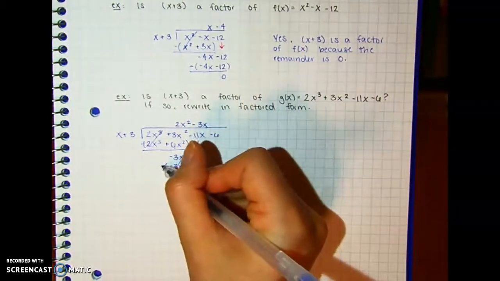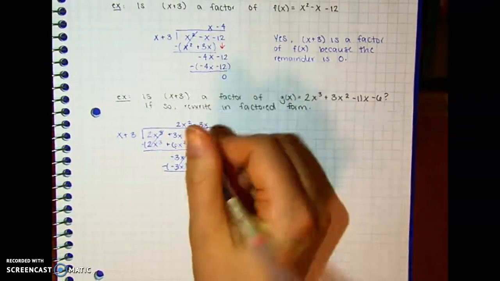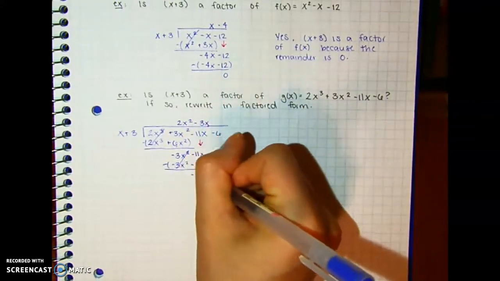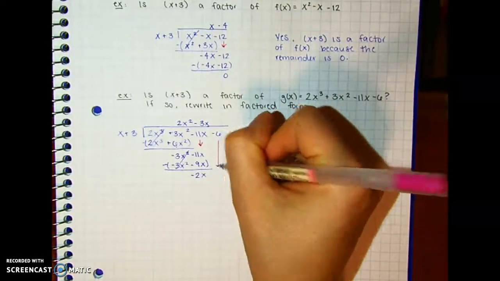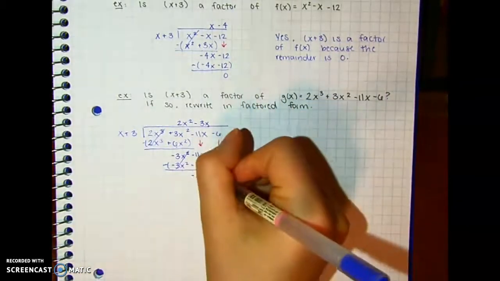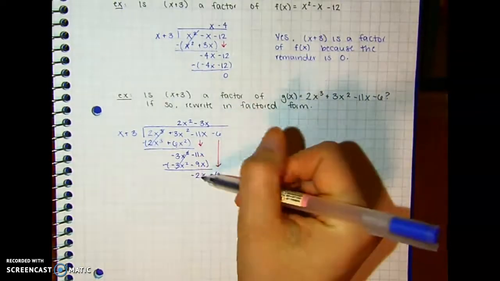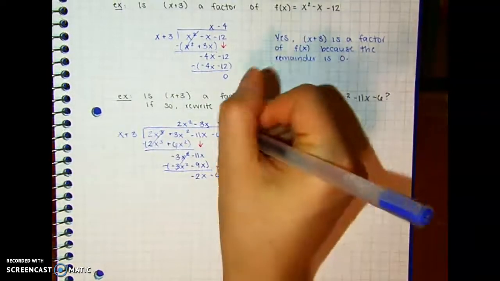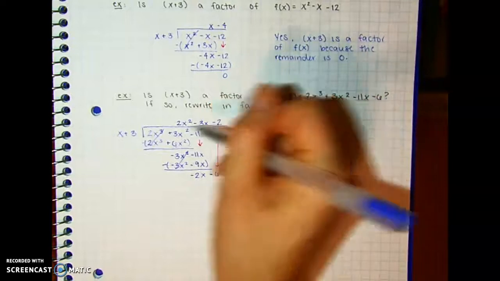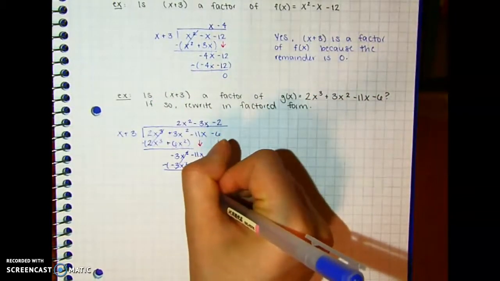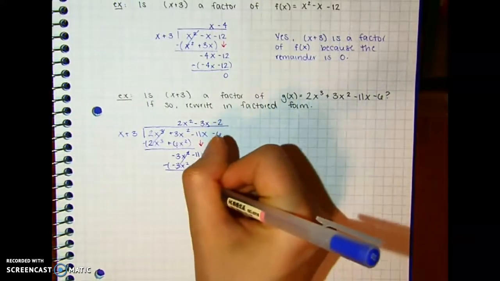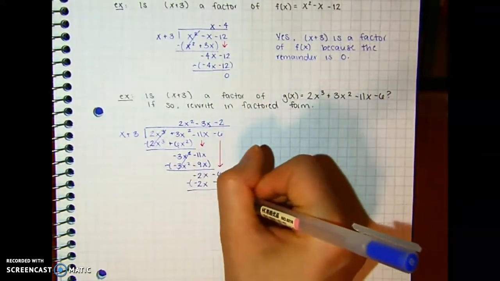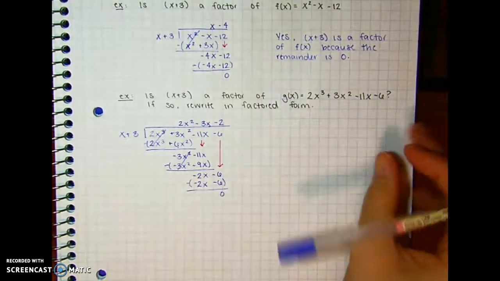Negative 11 minus negative 9 will be negative 2x. We still have another term, so we bring it down. What do I multiply by x to get negative 2x? That'll be negative 2. So negative 2 times x is negative 2x. And negative 2 times 3 is negative 6. So this is looking great. We get a remainder of 0.